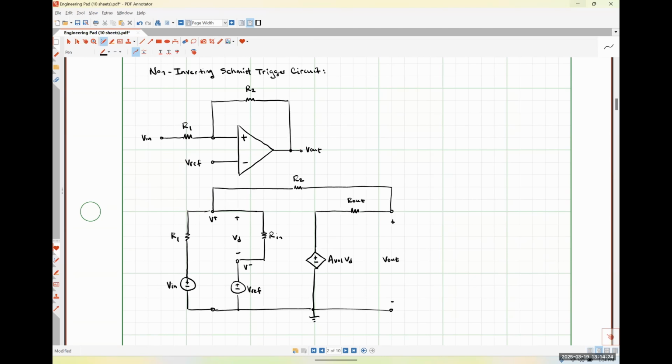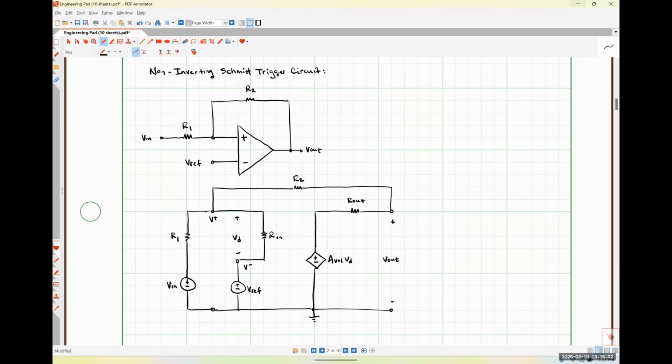So before we start analyzing this guy, does anybody have any questions or comments about how I redrew that circuit? Nikolai, how may I help you? Next to our voltage, our VD, that resistor, is that R, I, what? Rn. Yeah. So recall that the practical op-amp model is characterized by three different quantities: our open loop voltage gain, AVOL, our input resistance, Rn, and our output resistance, Rout.